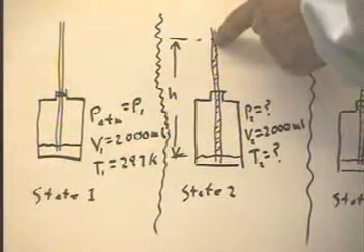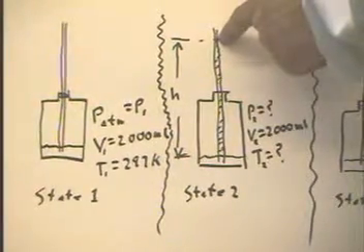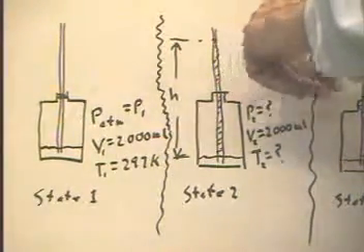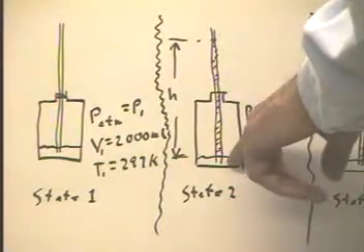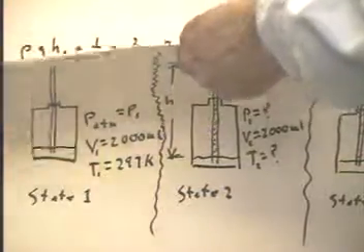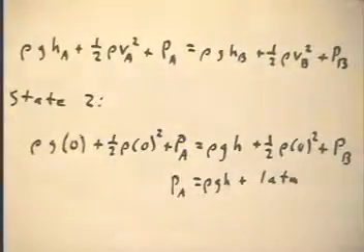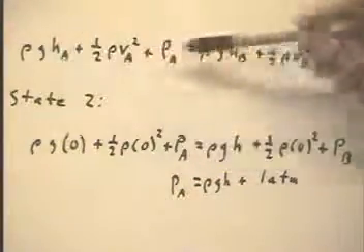Point B is up here at the open end of the tube, where the water surface meets the air. So we have point A and point B. I think state is the wrong word to have used here. Actually, I didn't use state with A and B.